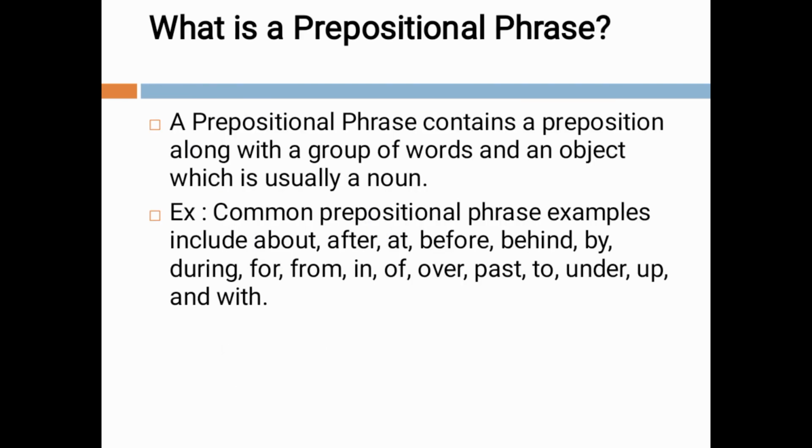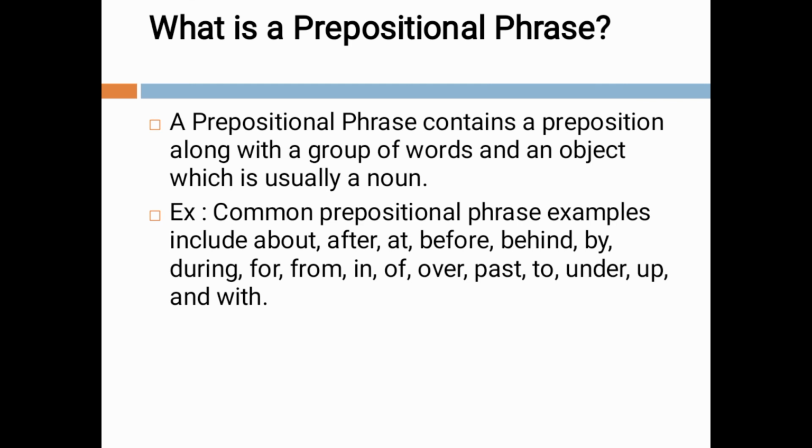And what is a prepositional phrase? A prepositional phrase contains a preposition along with a group of words and an object which is usually a noun. You all know what a preposition is. So this prepositional phrase contains a preposition with a group of words and also an object, which should be a noun.